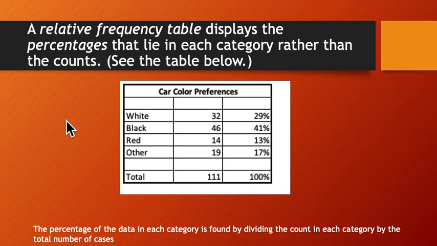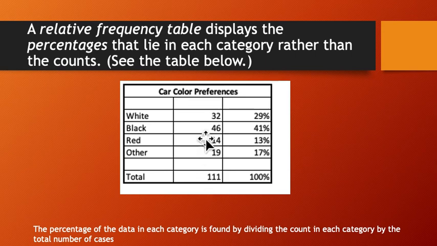A frequency table is different from a relative frequency table. In this case, you'll see that the frequency table looks very similar to the previous one, but I've added another column which shows the percentages of that particular category. The percentages are calculated by dividing the frequency of your particular category by the total.